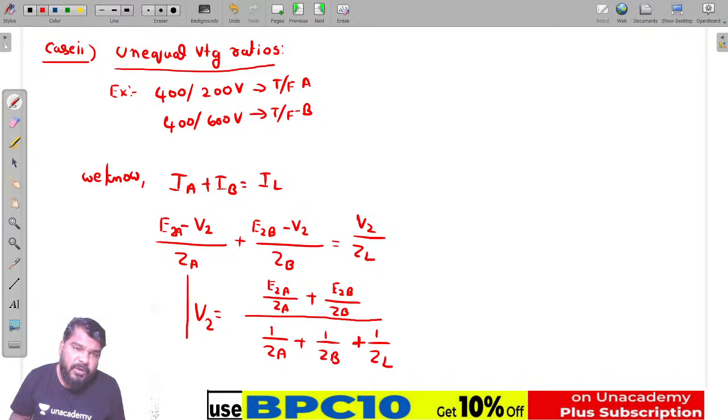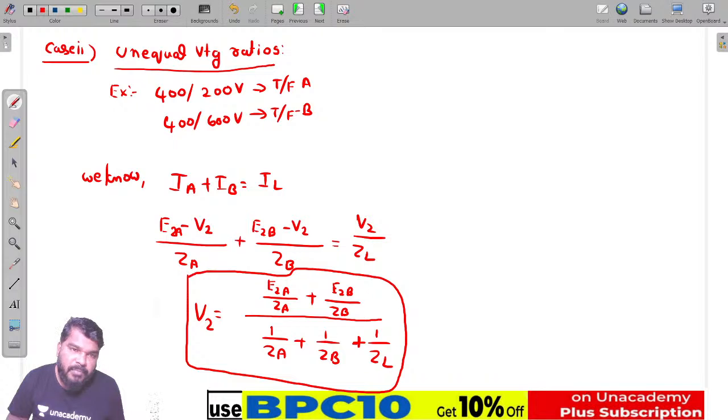This is the formula to get the load terminal voltage for the common kVA.